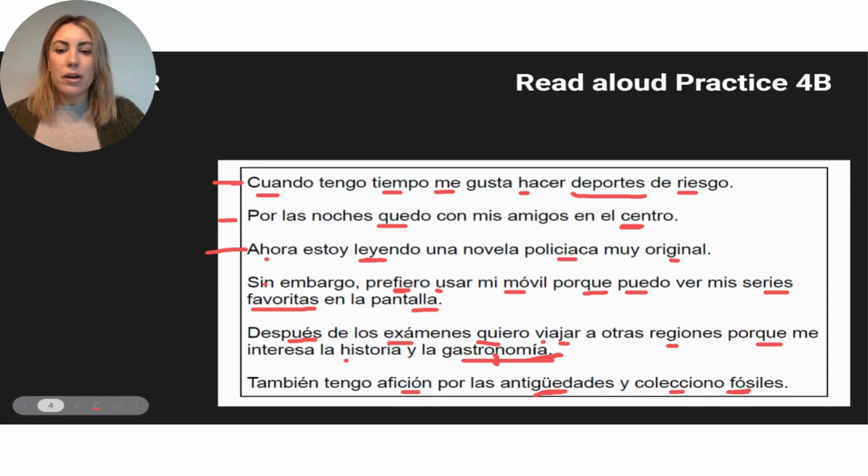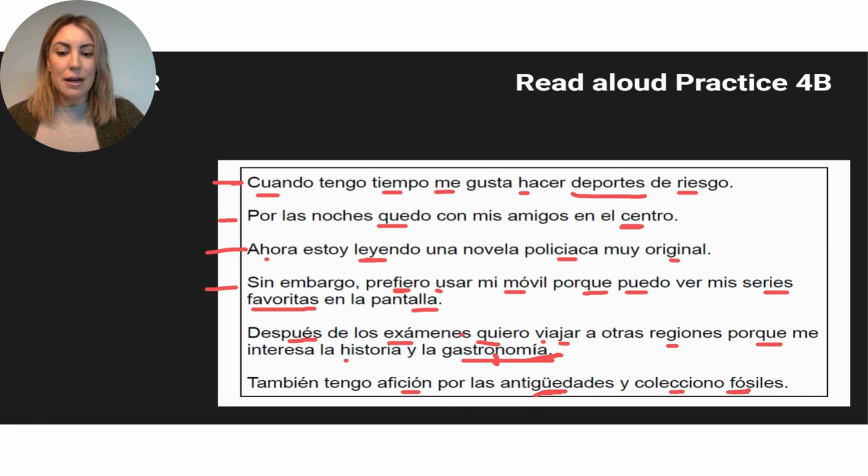Okay. Sin embargo, prefiero usar mi móvil porque puedo ver mis series favoritas en la pantalla. However, I prefer using my mobile because I can watch my favorite series or shows on the screen.